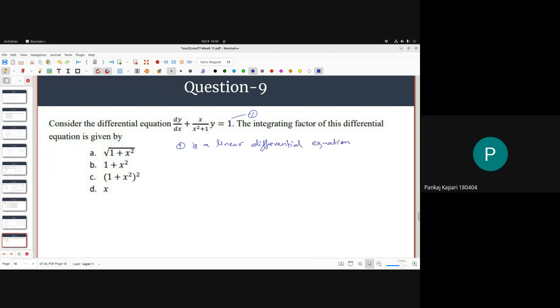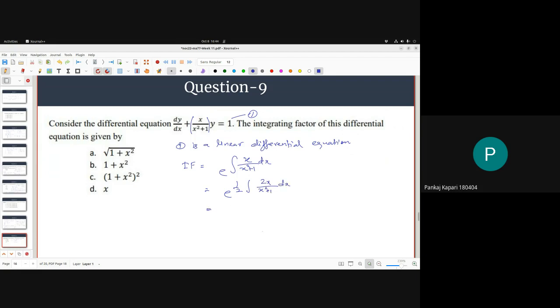And for a linear equation, what is the integrating factor? You have to integrate and take the exponential of the integral of the coefficient of y. So what is the coefficient of y? This coefficient of y, x over x square plus 1. So this is our integrating factor in this case. So what we will do, divide by half and multiply by 2 here.